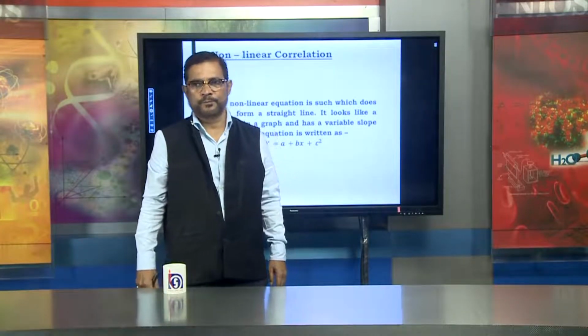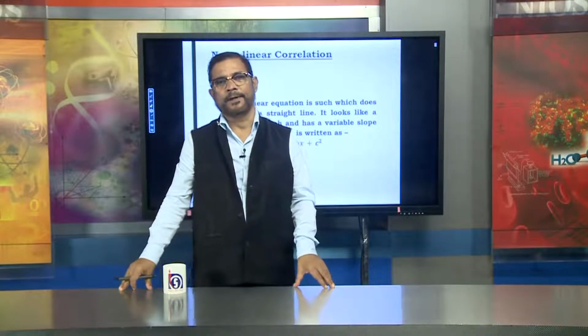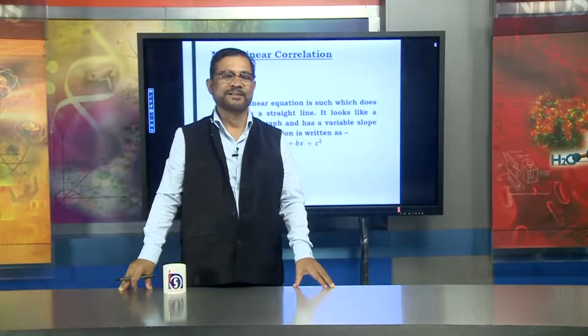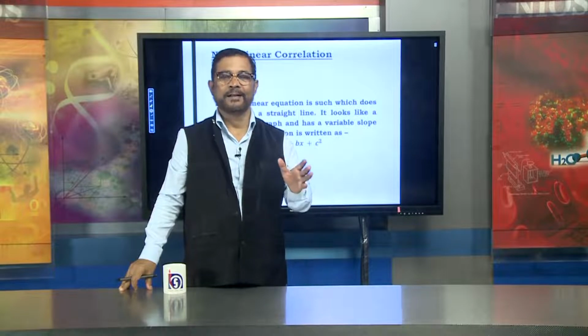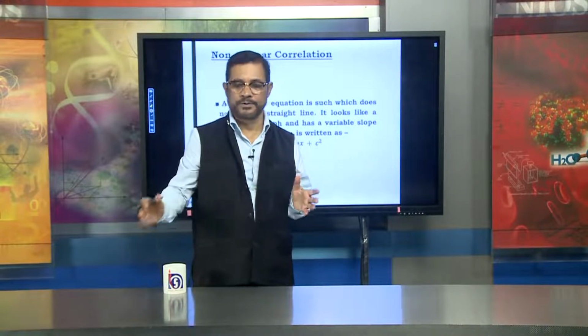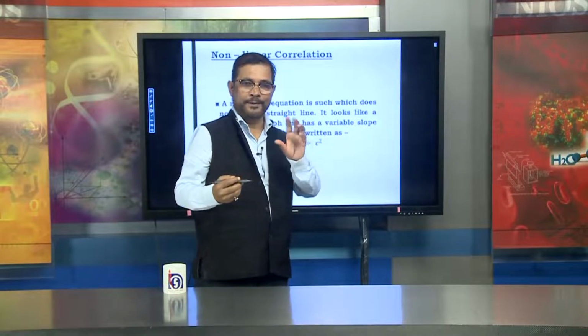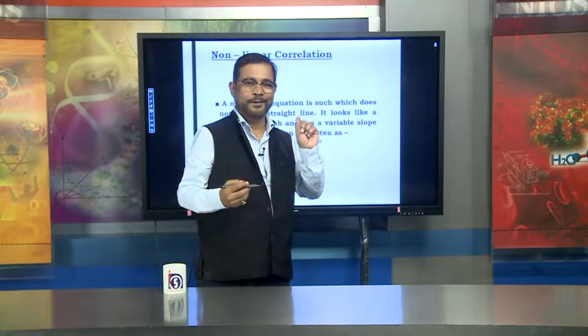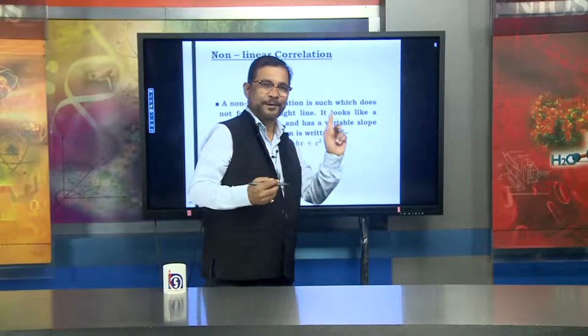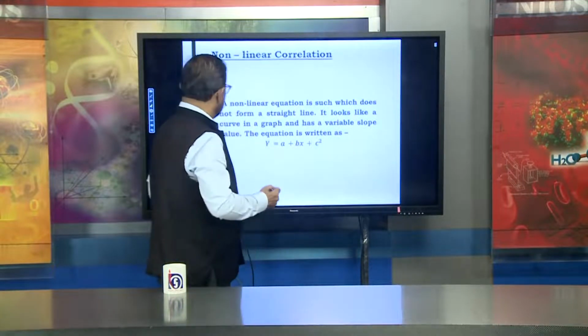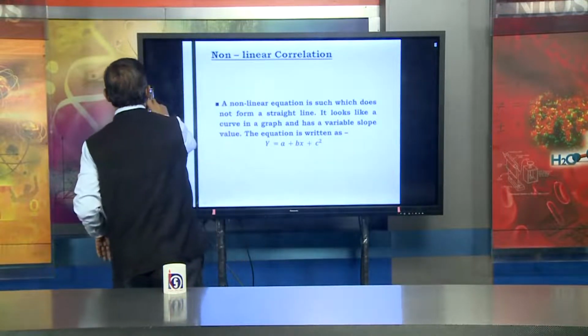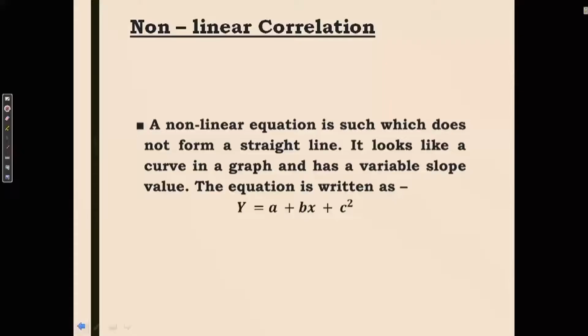Okay, learners, welcome back after the break. What we were discussing was linear and non-linear correlation. Let me give you a small indication of how we will do all these things in the coming concepts. Under a linear equation, we will find a graph like this.